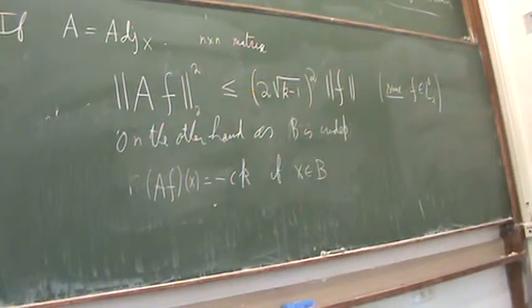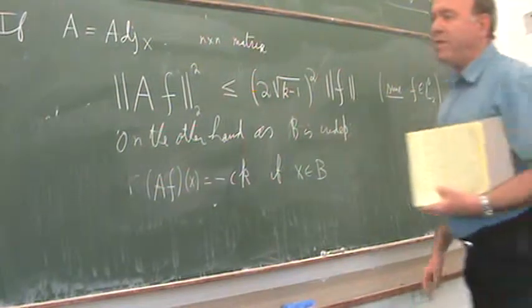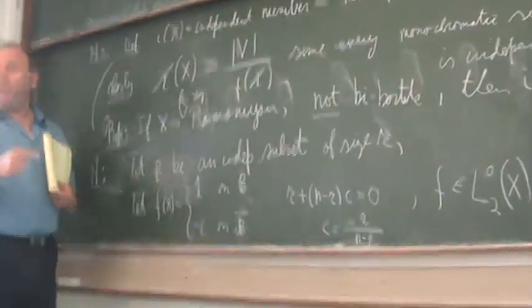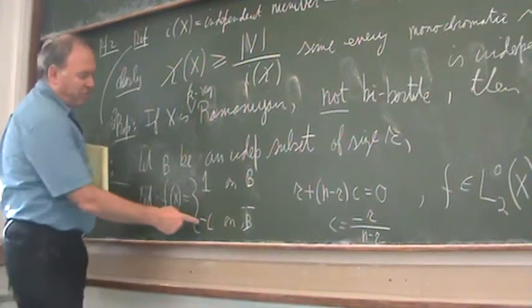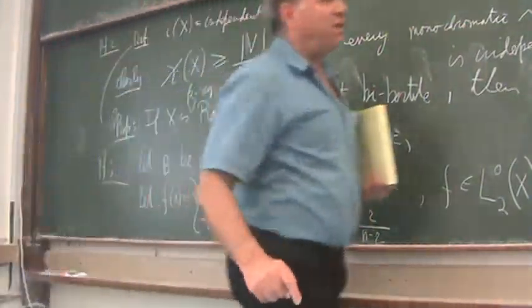What is A of F on a vertex X? You sum up on the neighbors. The neighbors of B are all of them outside B, right? Because B is never a neighbor of itself.